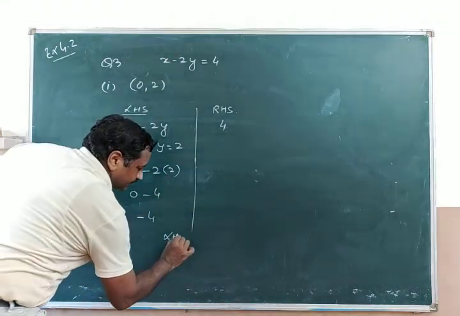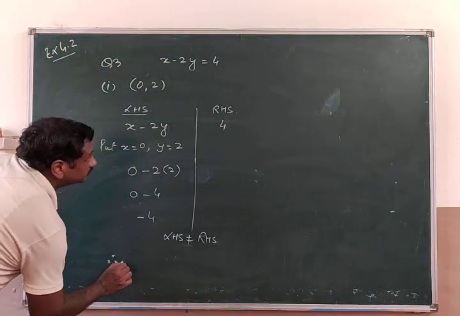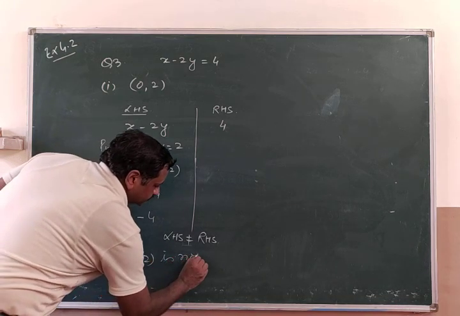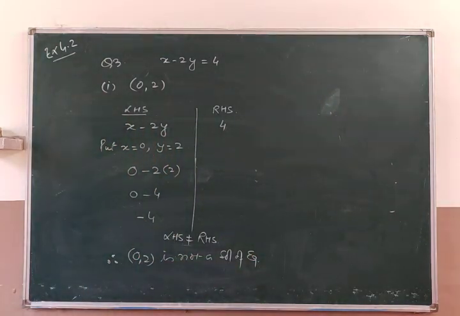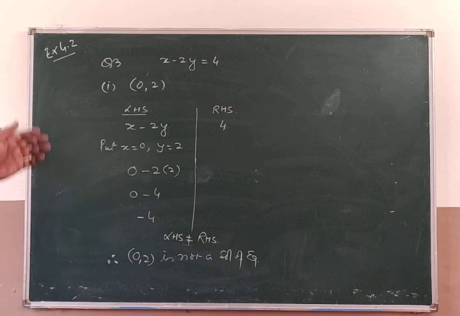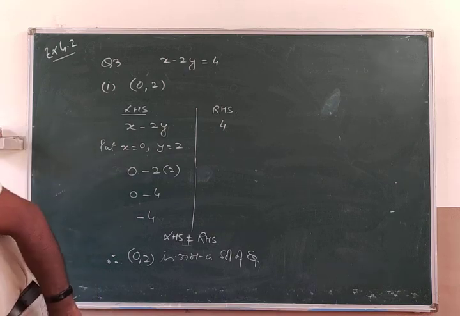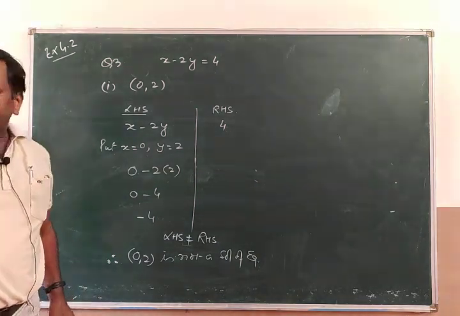So LHS not equal to RHS, therefore 0, 2 is not a solution of the equation. So similarly you will do all the other parts of question number 3 in the same way. You will put the value of x as well as the value of y, and then you will solve the left hand side. You will see whether it is equal to the right hand side or not. So all the other parts will be done in the same way.